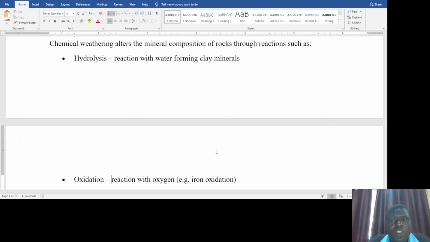One of the most common reactions is hydrolysis, and we know rains and water in the Earth's crust, they play a great role, and this reaction with water leads to the formation of clay minerals.